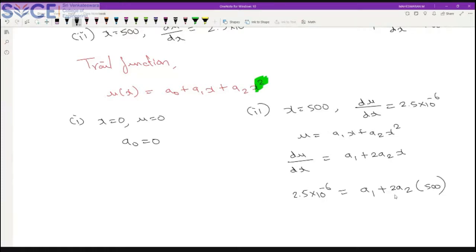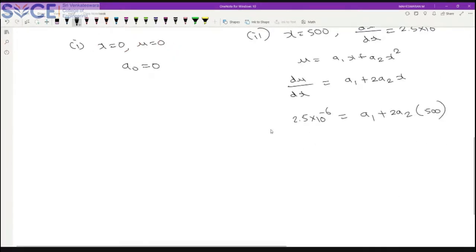So I want to replace this a1. I will get a1 is equal to 2.5 into 10 power minus 6 minus the remaining term, 500 into 2, so it is 1000 a2. This is my a1.